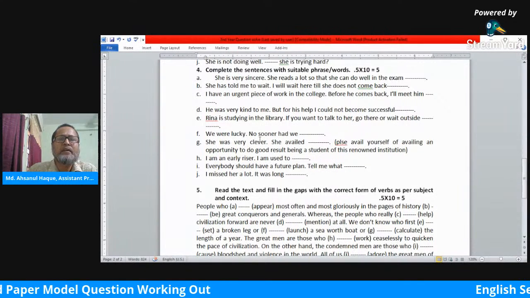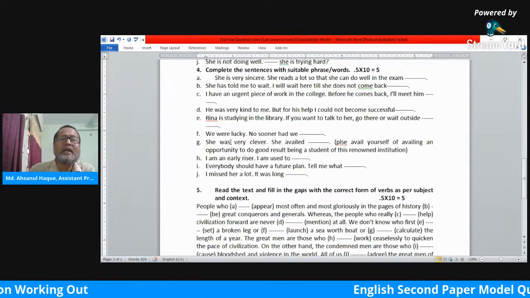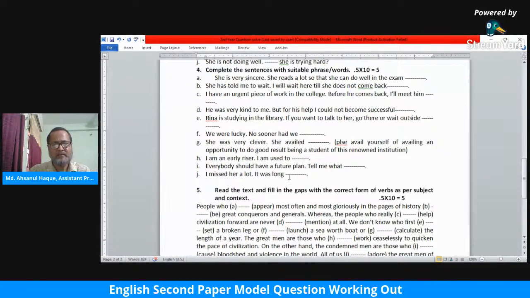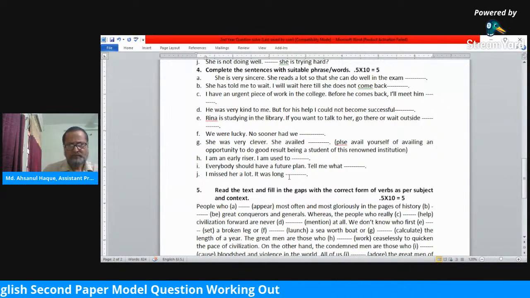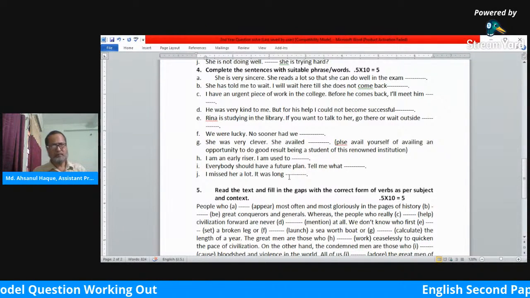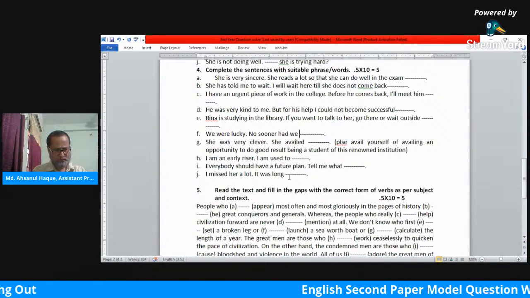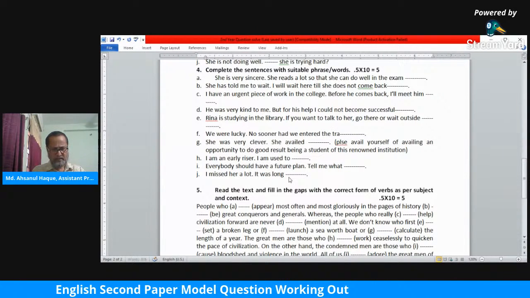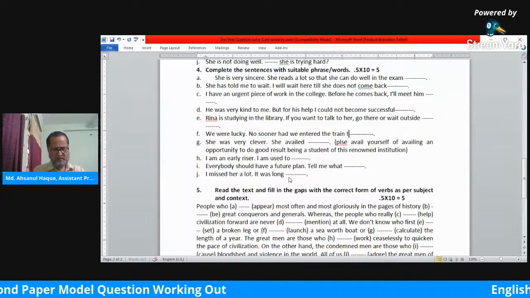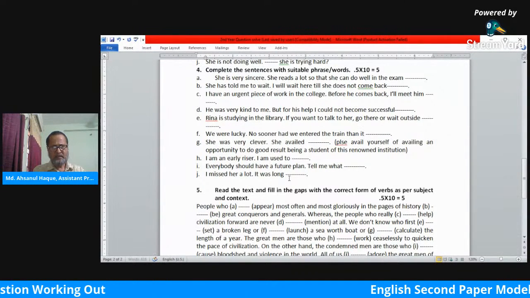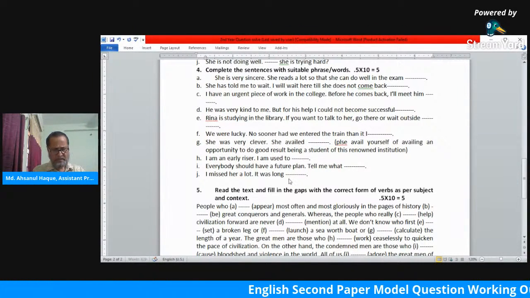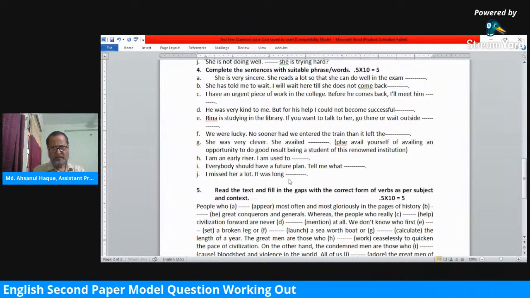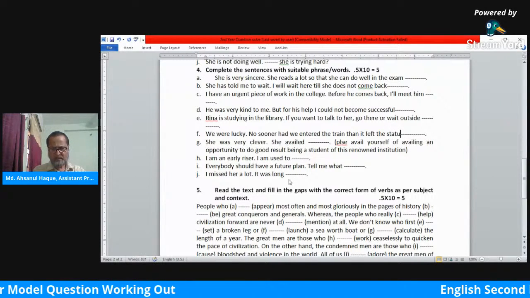We were lucky. No sooner had we entered the train, than it left the station.